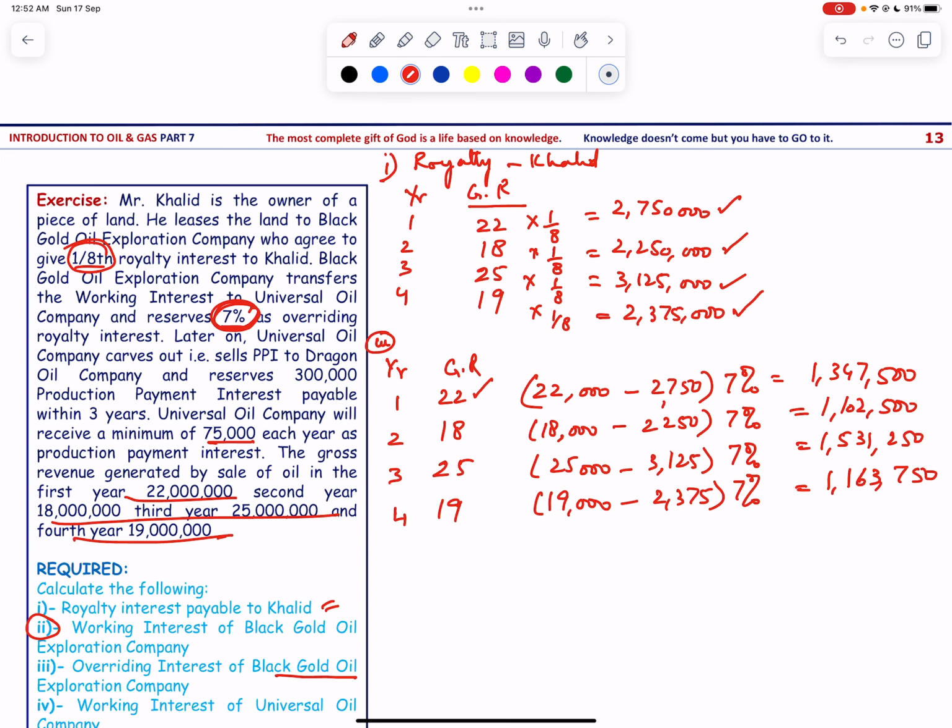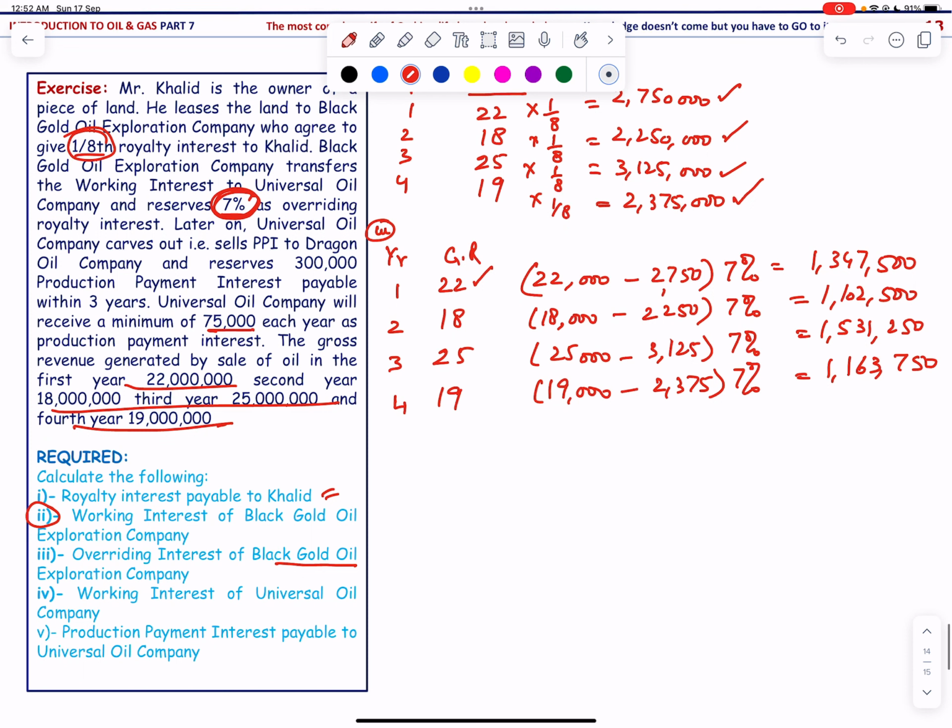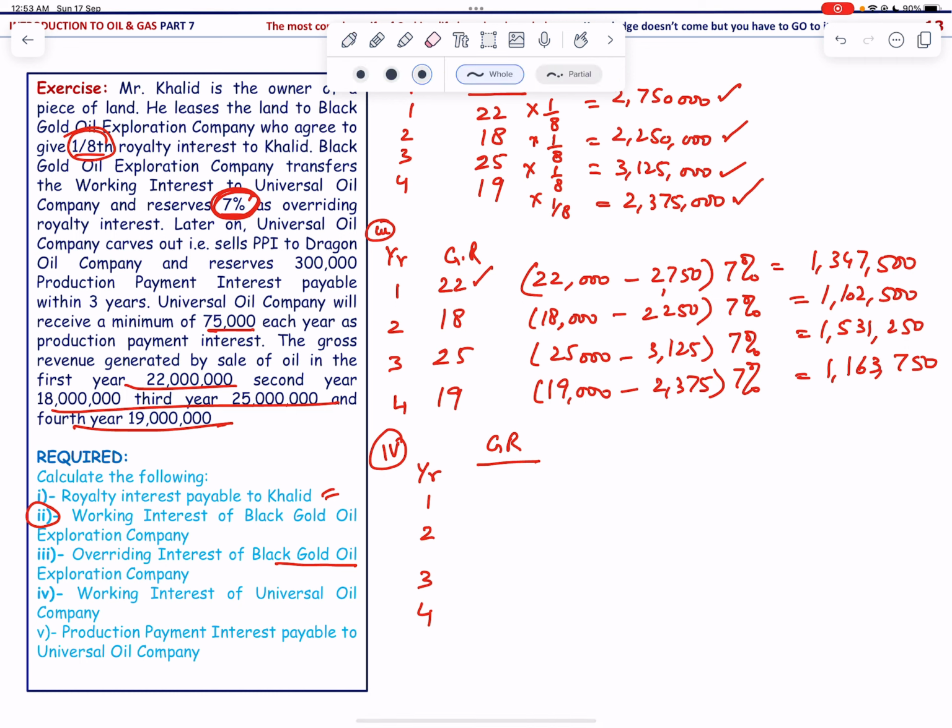Next, we calculate the working number 4, that is working interest of Universal Oil Company. So once again we have the years 1, 2, 3 and 4, and the gross revenue is 22 million, 18 million, 25 million and 19 million.